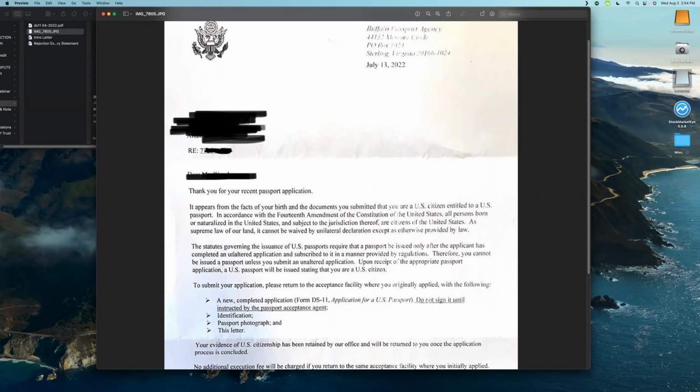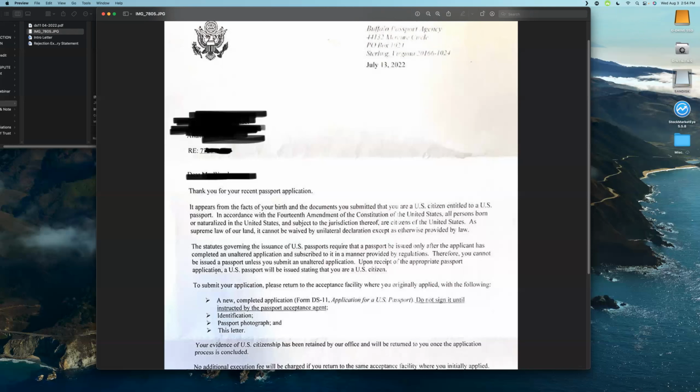It says, "The statutes governing the issuance of U.S. passports require that a passport be issued only after the applicant has completed an unaltered application and subscribed to it in a manner provided by regulations.